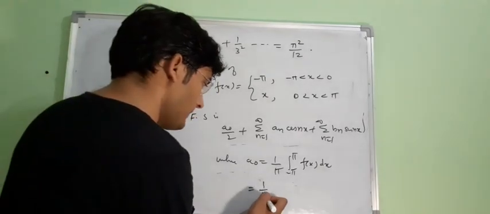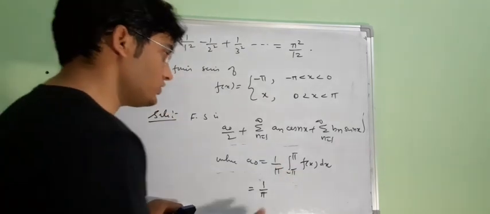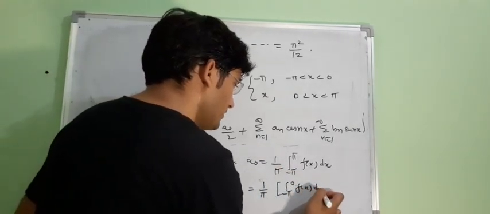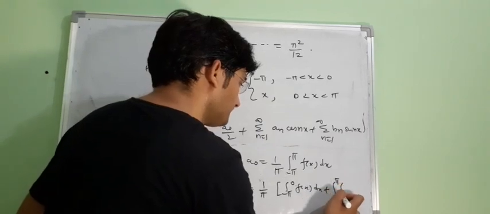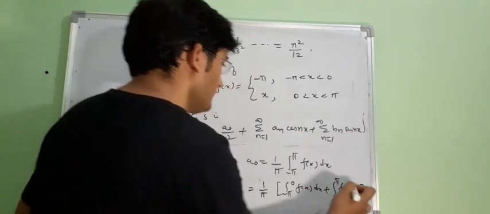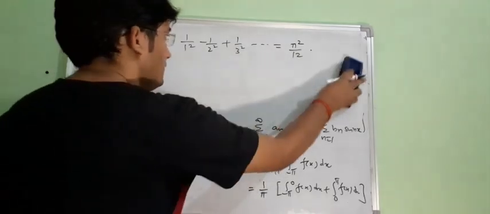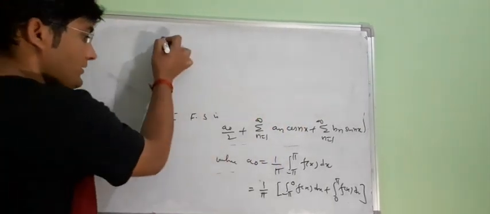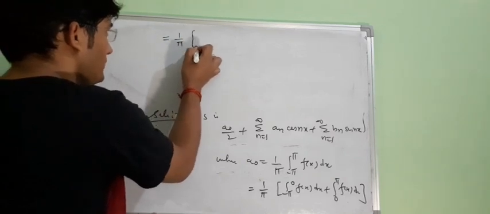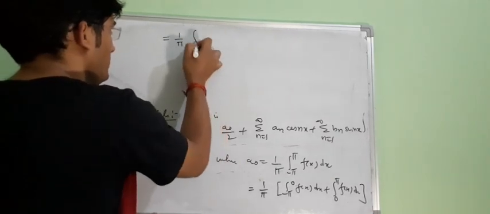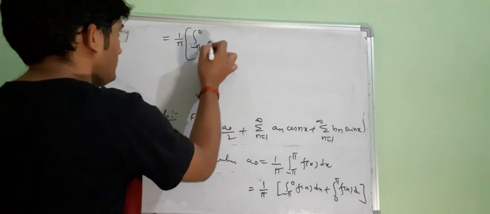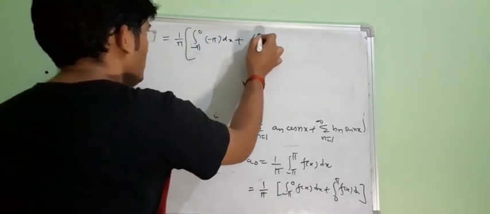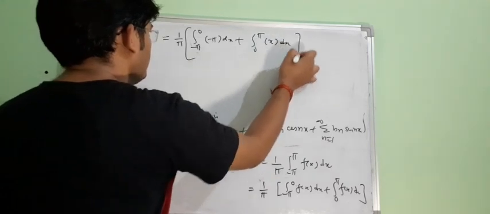Now let us break this interval in two parts, that is from minus pi to 0 and then from 0 to pi. Now you can see that from minus pi to 0, the value of the function was minus pi. So this will be the integral minus pi to 0 of minus pi dx, and for the second part we will have x dx.